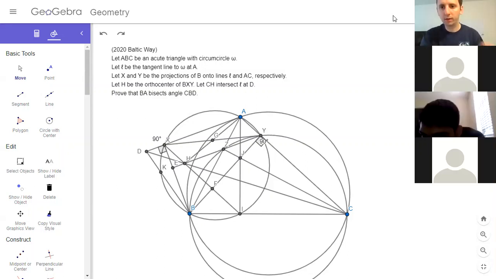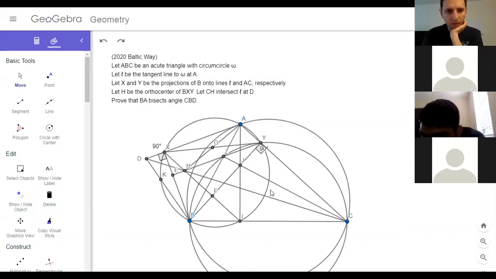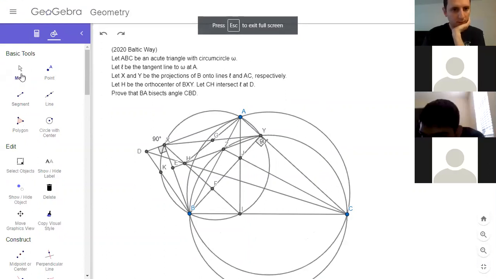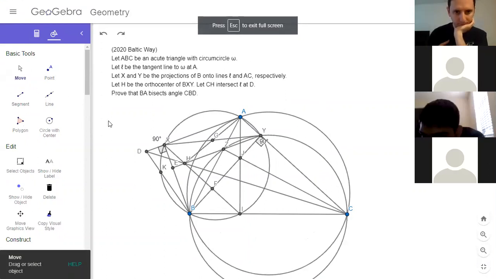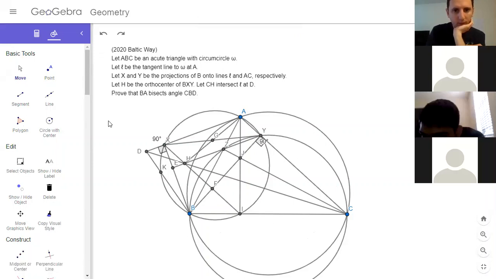Let's see. How do we finish this off? Yeah, I feel like we want to use that the reflection of H over G is A. It's just a matter of how we use that.